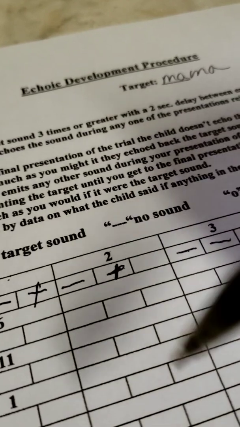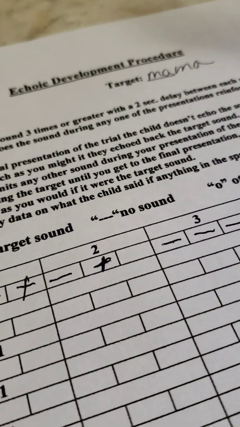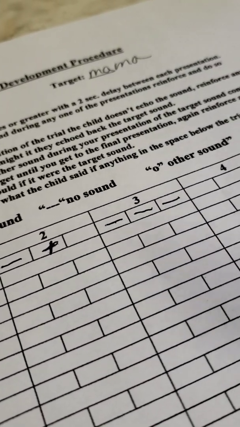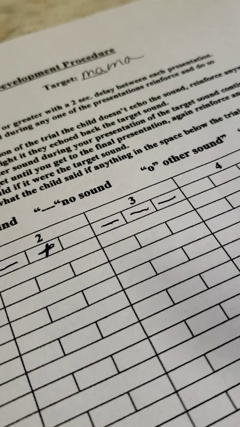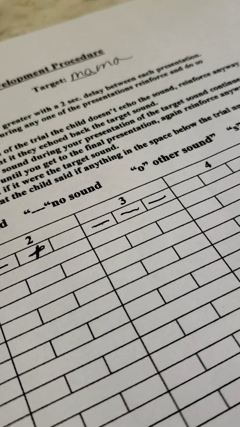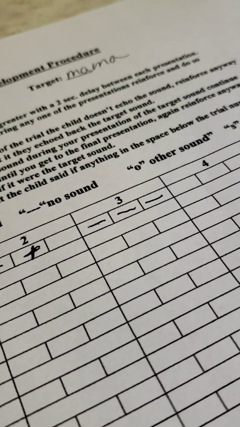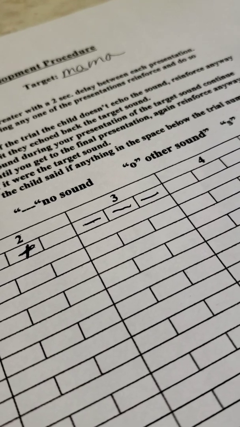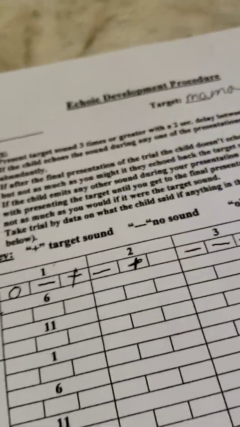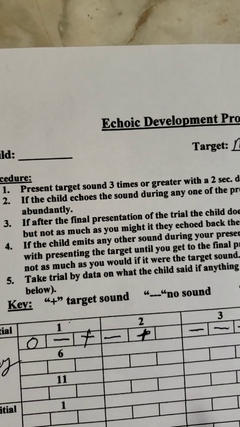What they're learning though is that if they do echo, they get the item they want quicker. This is why it's important to make sure that you're leaving that 2-second gap and that you're making your sounds really clear. Now, if anytime the child's really getting frustrated and upset, go ahead and end this and come back to it later, because this is not something that we want to create a lot of issues with. If you get confused, the instructions are written right there.